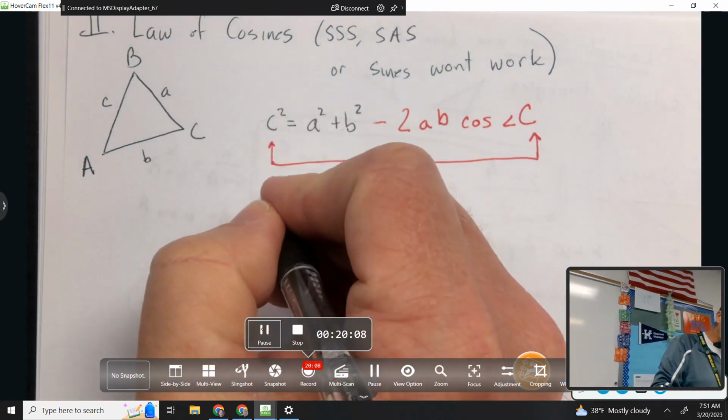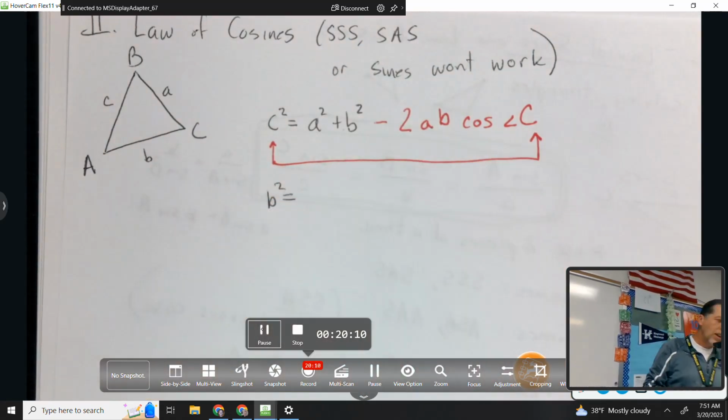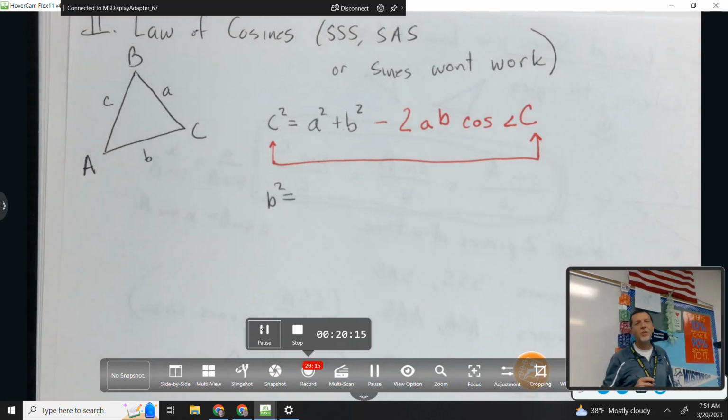We could just as easily say b squared equals, you want to guess what's on the other side of the equation?